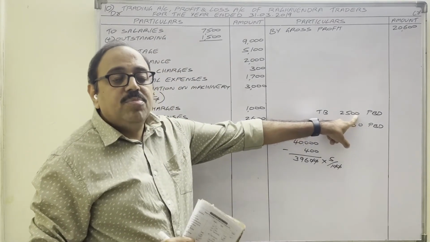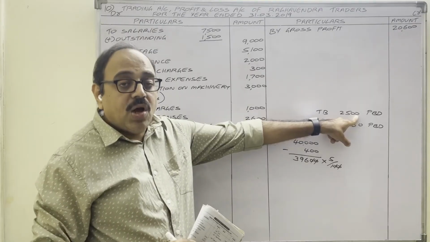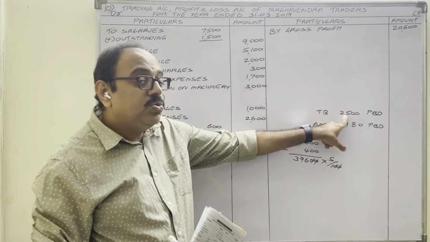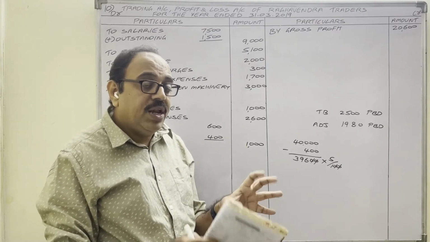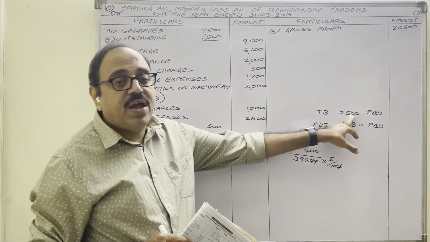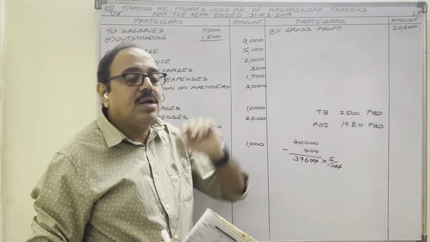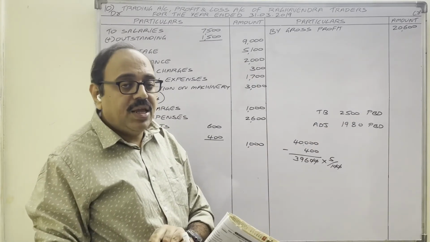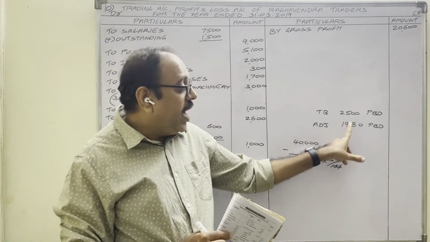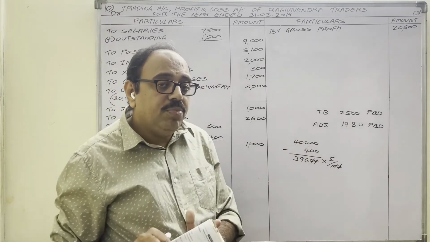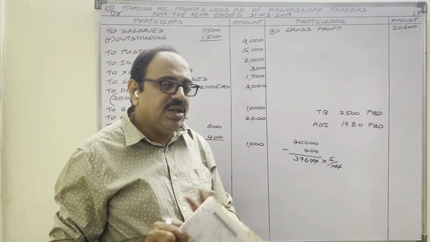Last year, nothing but this year starting date, we thought that from debtors 2500 may not come. Therefore, from last year profit, we saved 2500 rupees to meet that loss. This year ending, we came to know that this much is not required. 1980, if you keep to meet this bad debt loss, that is enough.